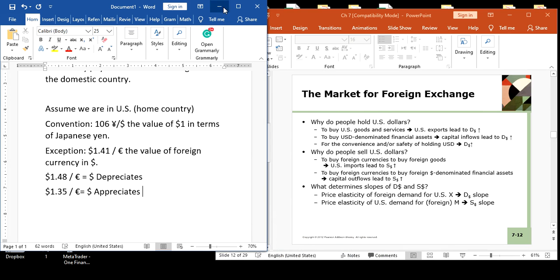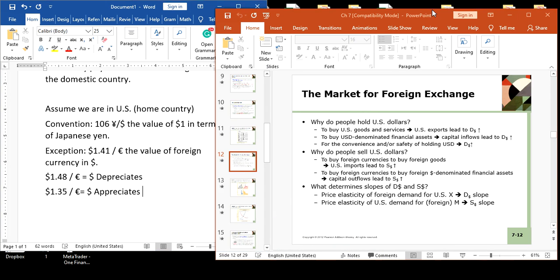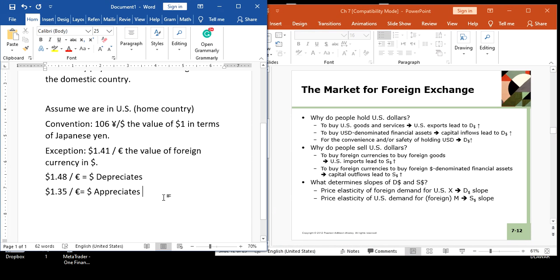So, what are the factors that affect the exchange rate?